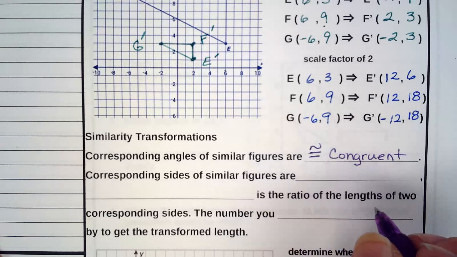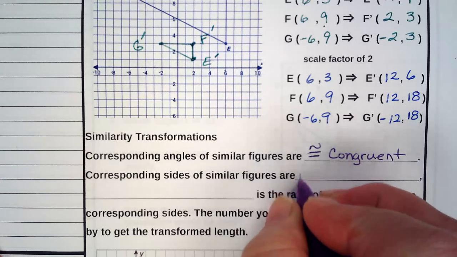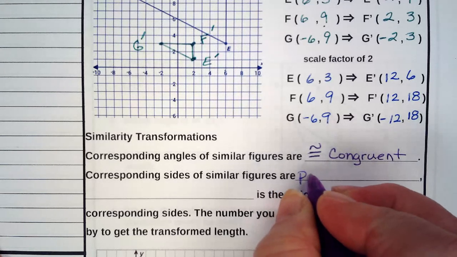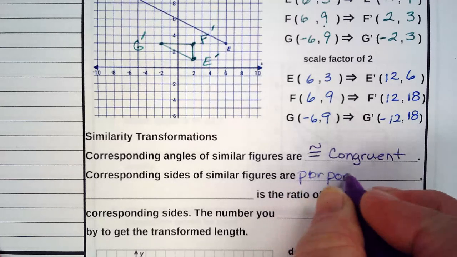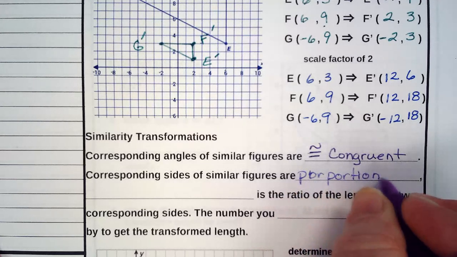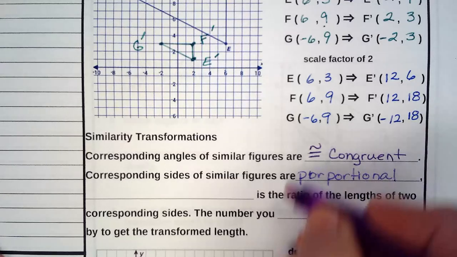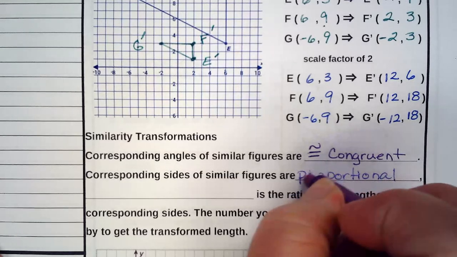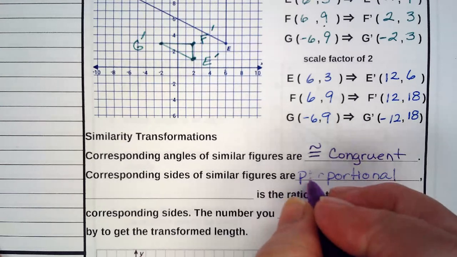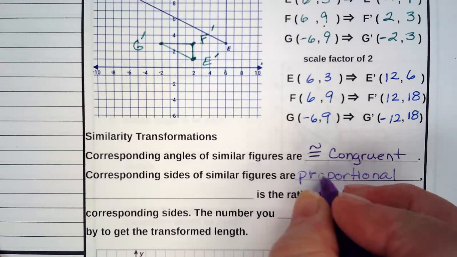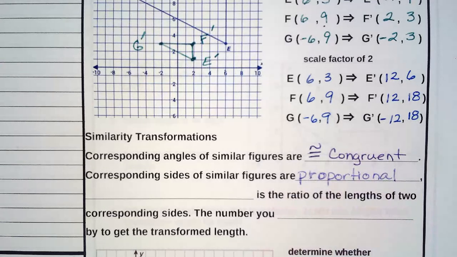They're not congruent. They are proportional. That means that they are in the same ratio.